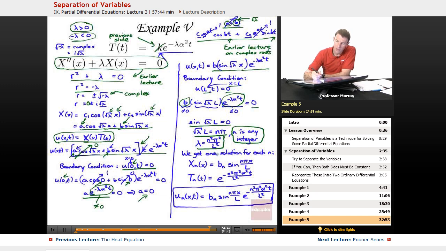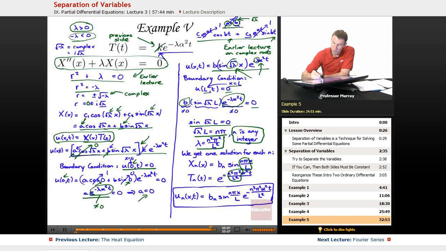And now I'm just going to plug those back into my solution: back in for root lambda here, and back in for lambda here. So the x part gives us root lambda x is n pi x over L. The t part gives us e to the negative lambda, which is negative n squared pi squared over L squared.